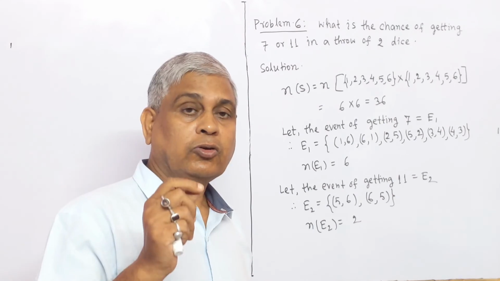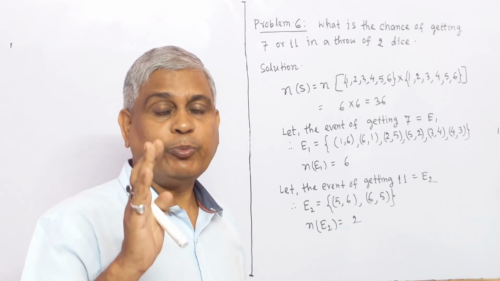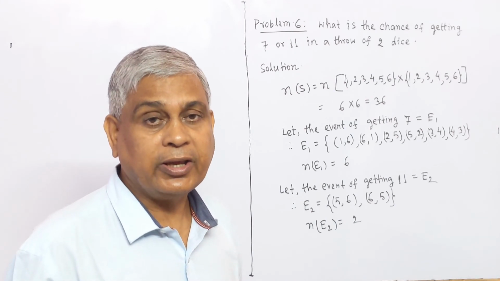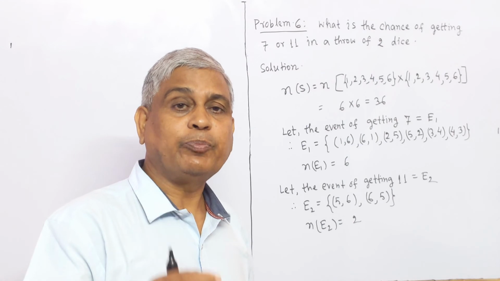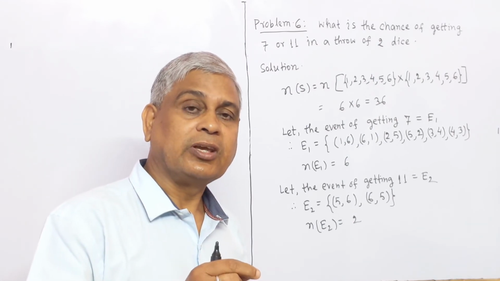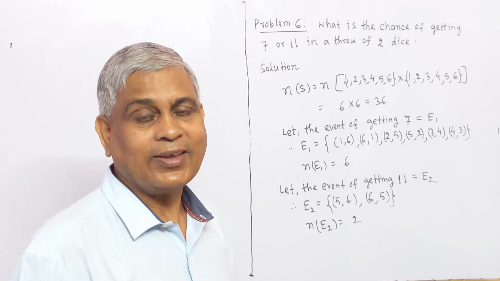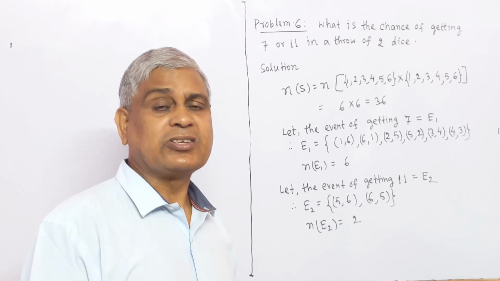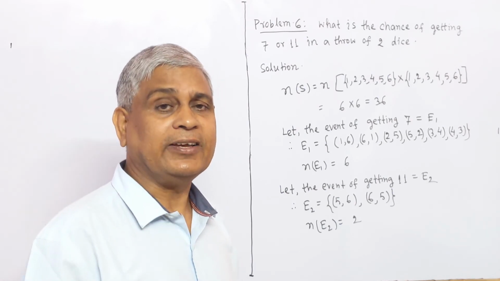So the sample space for throwing 2 dice will be the Cartesian product of the sample space for 1 die twice.